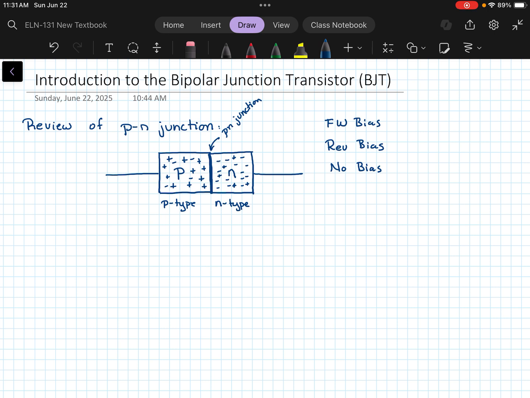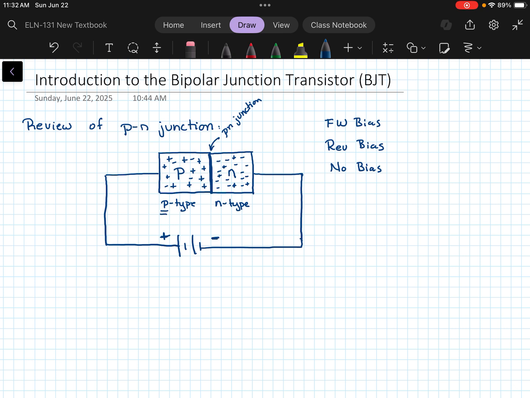Now, to forward bias this PN junction means we're going to apply a voltage with the positive terminal nearest the p-type material, and the negative side of the voltage supply to the N-type material. So forward bias really just means positive to the p-type material, negative to the N-type material. And what happens here is, let's just look at the N-type material first.